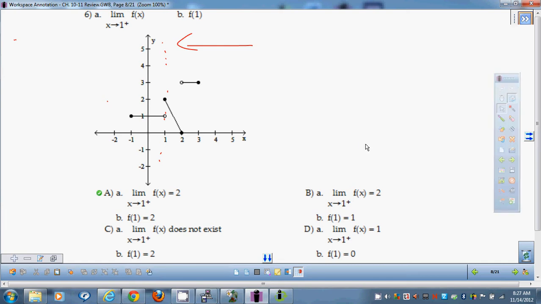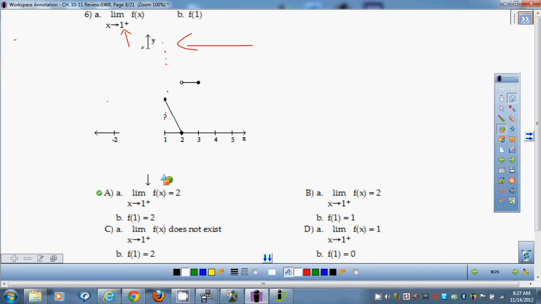Questions on that problem? Or any other question regarding pictures of limits, because I don't think we're going to do any more for the review. Because it had the plus sign, that indicates the right-hand side. So the only thing you really needed to look at was everything to the right of x equals 1. And we said, well, what y value is that approaching?